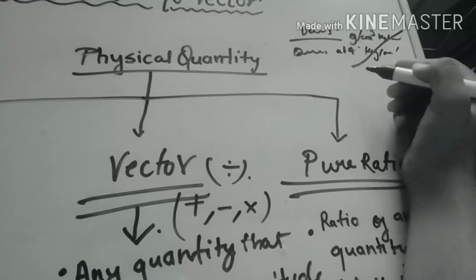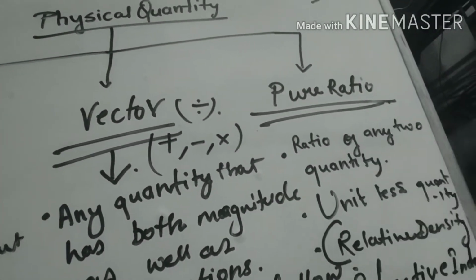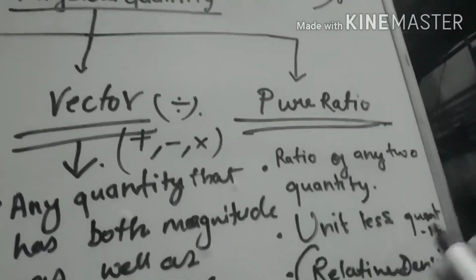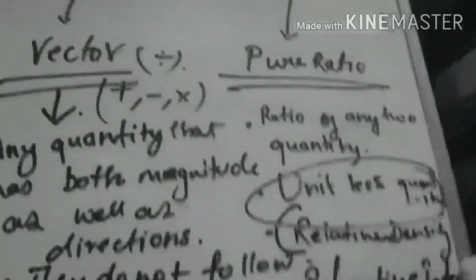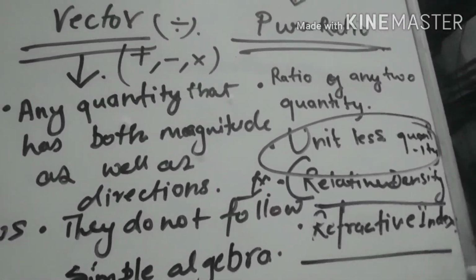So the unit will get cancelled out and we'll get a simple ratio. So pure ratio is the quantity which is just defined as the ratio of any two quantities, and thus it is called unitless quantity because it does not have any unit. And we have examples relative density, refractive index.